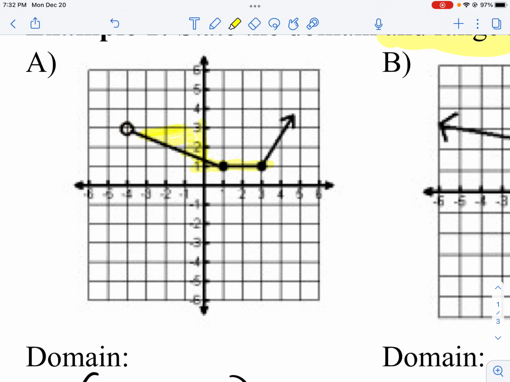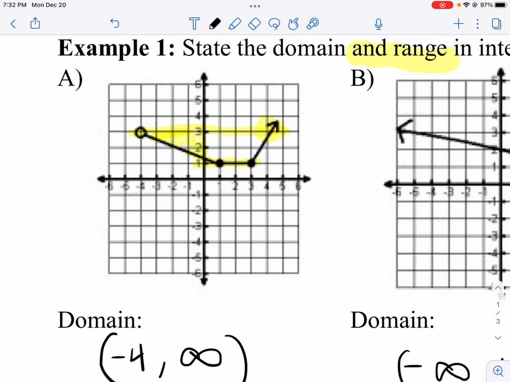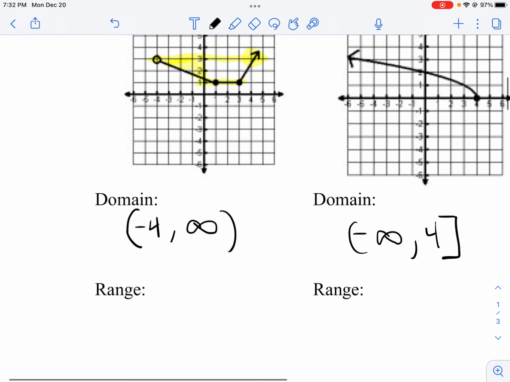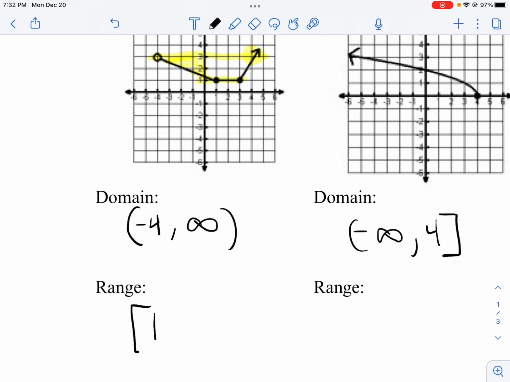Yes, we have this open circle here, but if we were to squish it, we'll notice that on the other side of our graph, we have the same y value on a different x, and that's what matters here. There actually isn't a break, so the lowest point of the graph is at 1. There's definitely one point where the value is there.